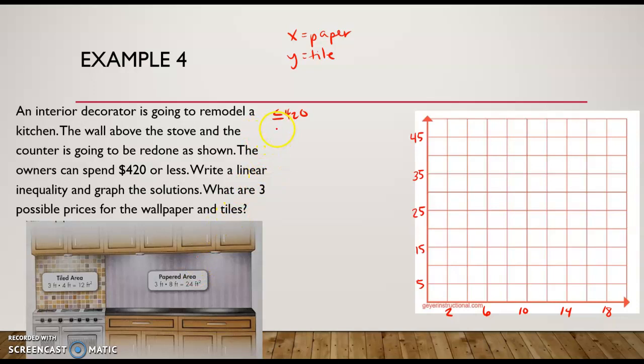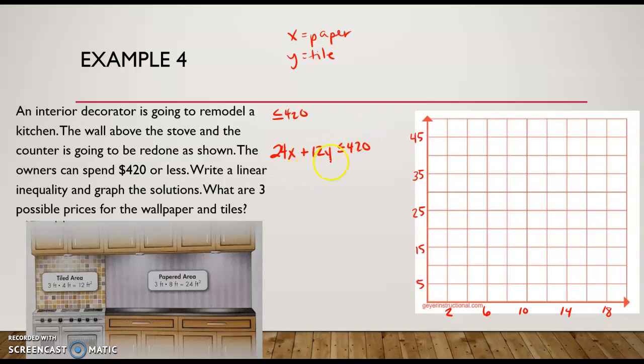So I know that I'm going to have 24 feet covered by whatever the cost of paper is. And then I'm going to have to add 12 feet times the cost of tile. And that has to be less than or equal to 420.